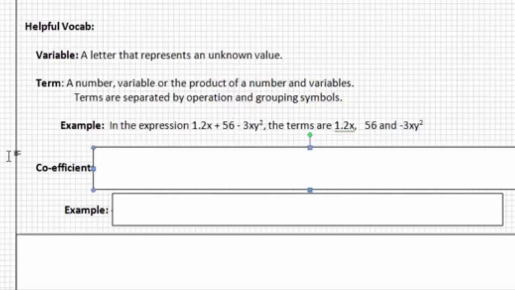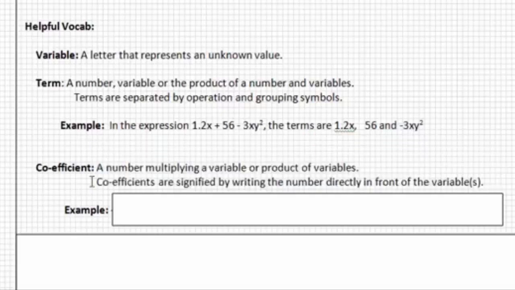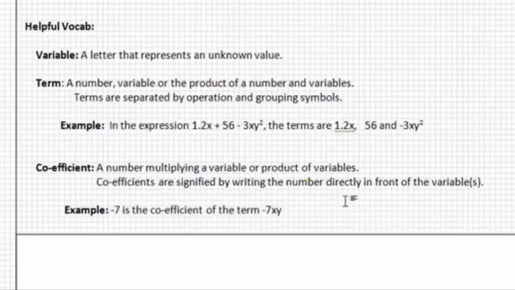A coefficient is a number multiplying a variable or products of variables. Coefficients are signified by writing the number directly in front of the variable or variables. And we've already seen that, but let's look at a specific example for this. -7 would be the coefficient of the term -7xy.